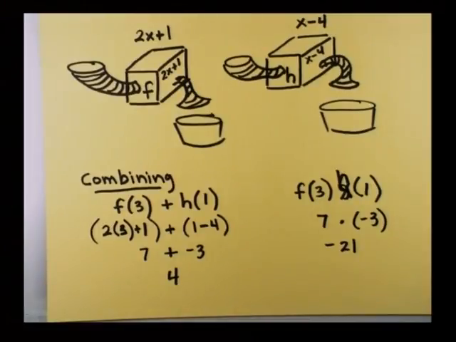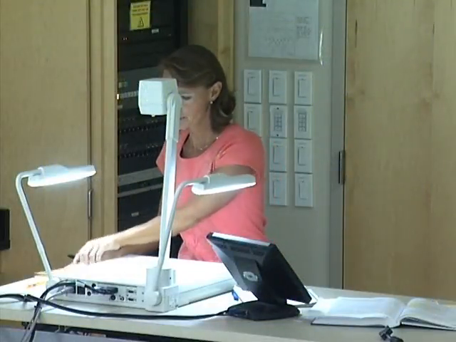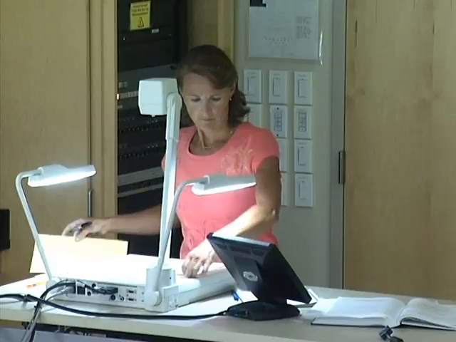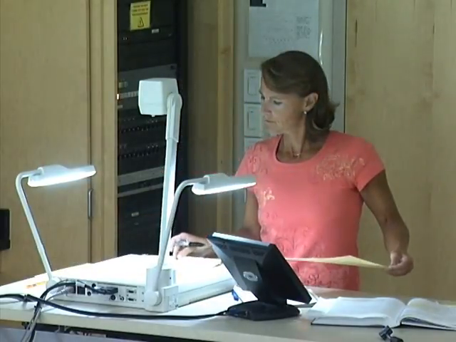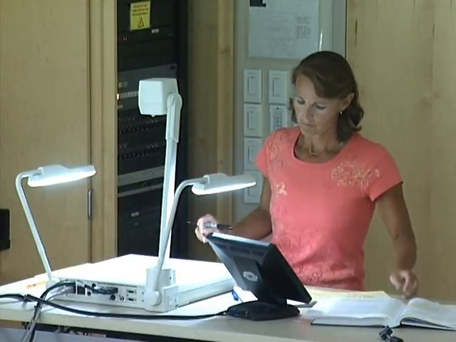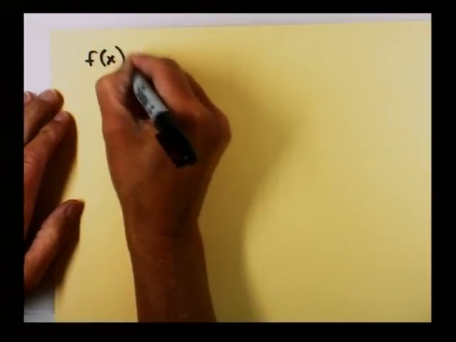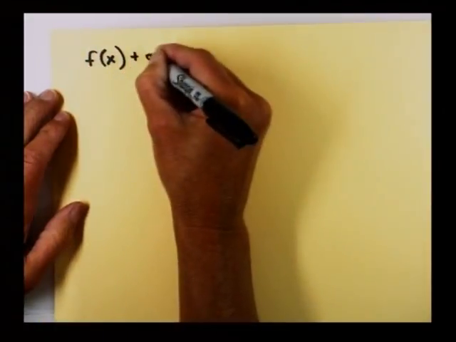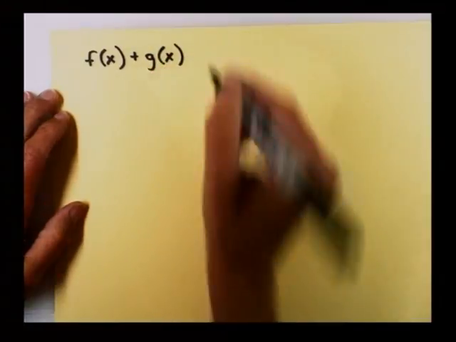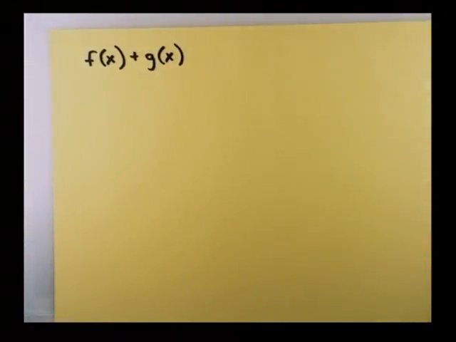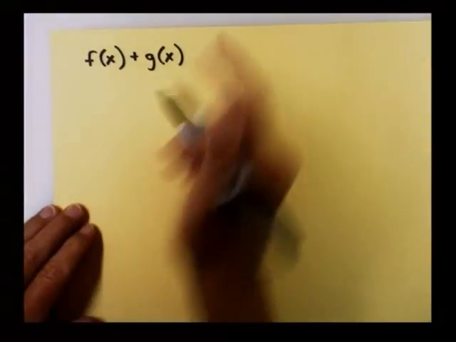Those are very simplistic examples. We're going to get a little more detailed here now, a little more complicated as we combine functions. And I'm going to give us a few little rules here. When I'm combining functions, sometimes I can use symbols that are slightly different than this.